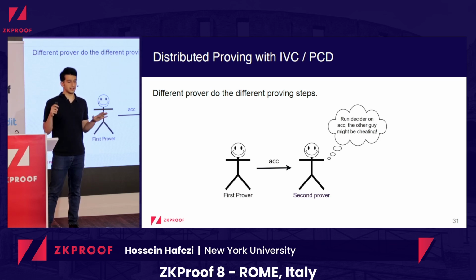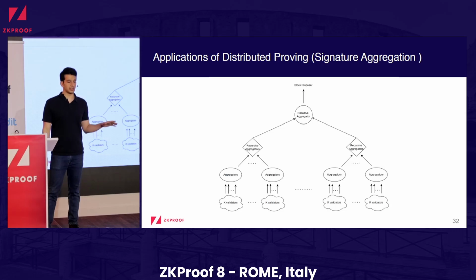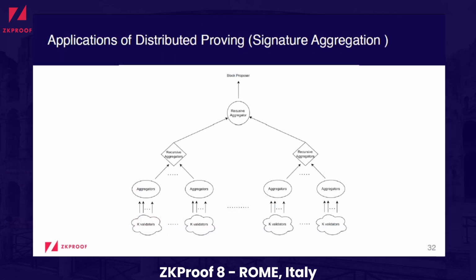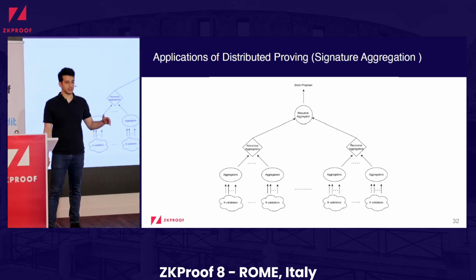If you want to see some more concrete applications of distributed proving, one application that we demonstrate in this paper is distributed signature aggregation. Block proposing for Ethereum at a high level looks something like this: you have a tree, and at the leaves of the tree you have the signatures from the validators, and through a number of layers you recursively aggregate these signatures until you get a single signature.